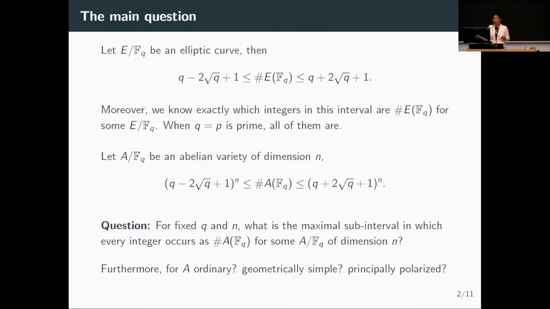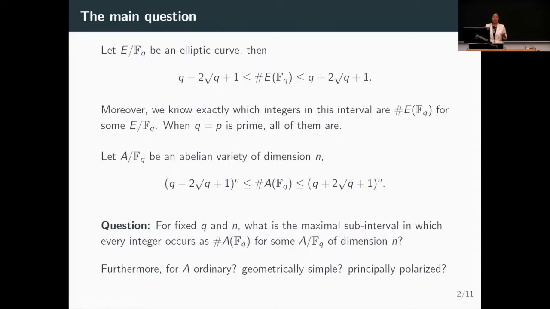Then it's very natural to ask, if I fix my finite field F_q and I fix my dimension, what integers actually do show up as an order? And what is the maximal subinterval inside this allowed Hasse-Weil interval that shows up as orders for Abelian varieties of this fixed dimension? And in particular, one can even ask a more refined question.